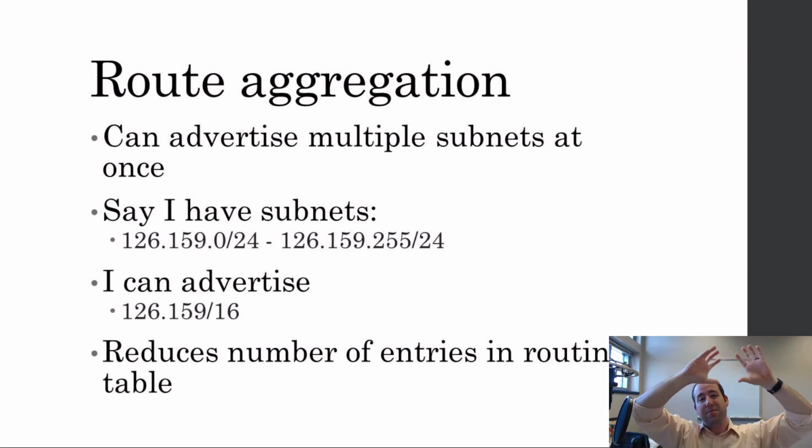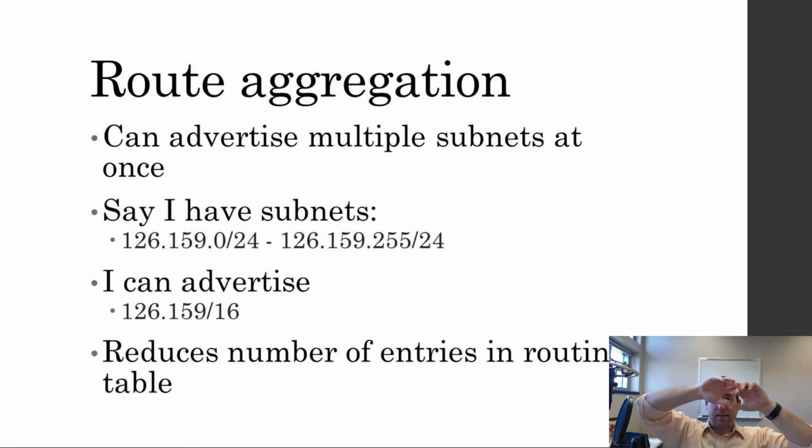If you have anything for 126.159, send it to me and I'll get it there. And that is assigned to an autonomous system. And that saves so much storage space on all of these routers around the world from having to store each individual network. And the more you can aggregate, the better off we are.